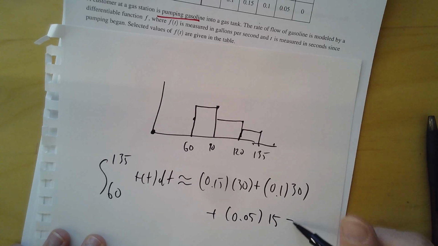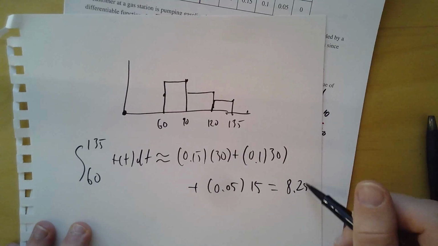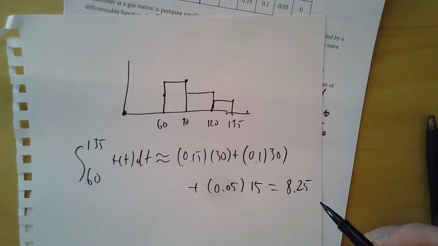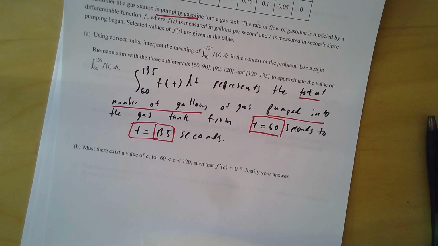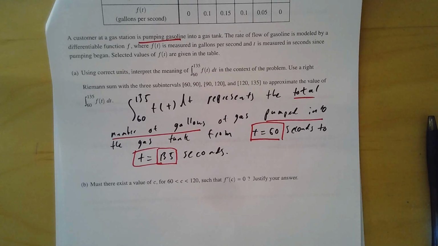All that together would get you 8.25. So that would be the number of gallons that were pumped in from t equals 60 to t equals 135 seconds.